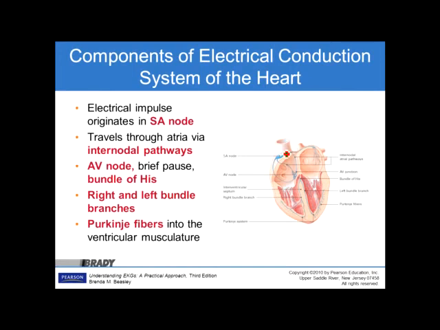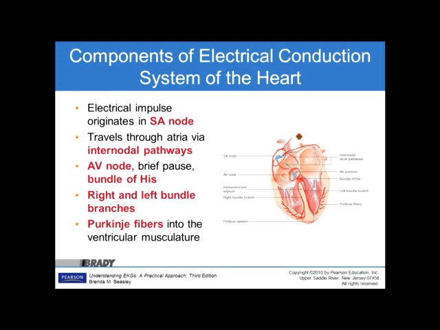So this all starts off at the sinoatrial node. It goes across the interatrial pathways, hits the AV node, gets to the bundle of His, into the right and the left bundle branches, into the Purkinje fibers, which actually stimulate the electrical impulse to the muscle tissue itself.